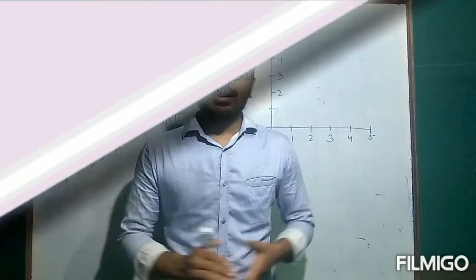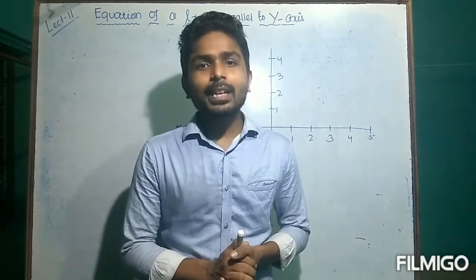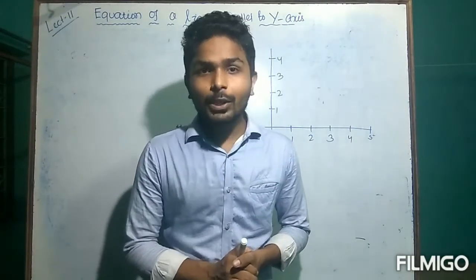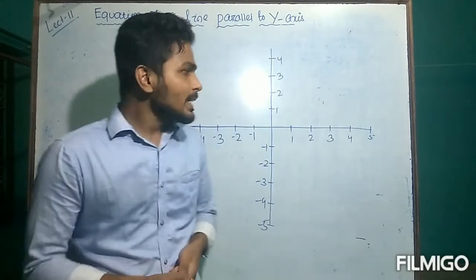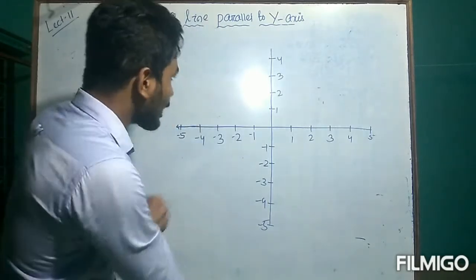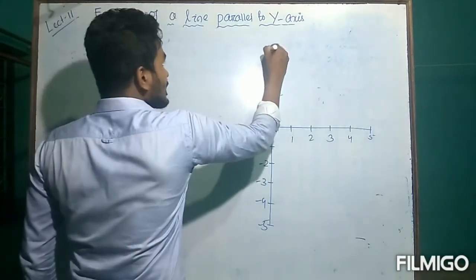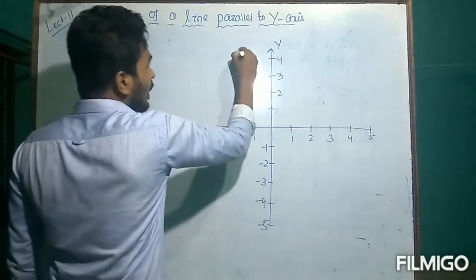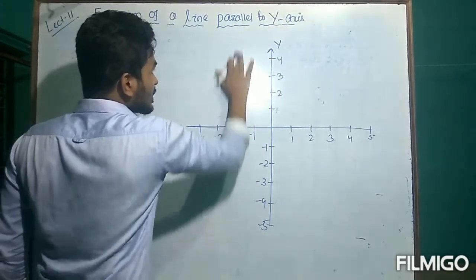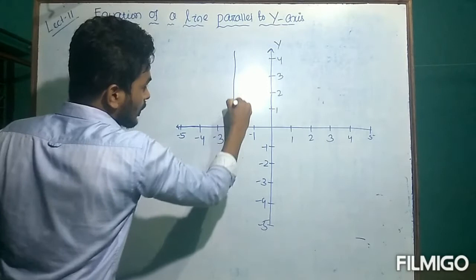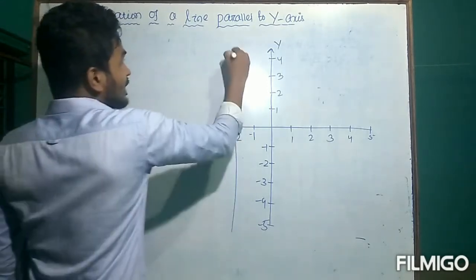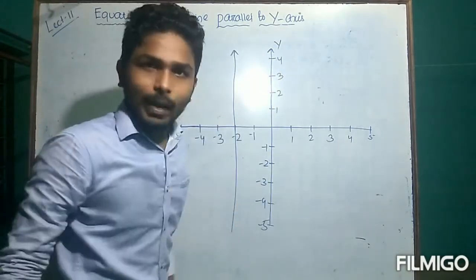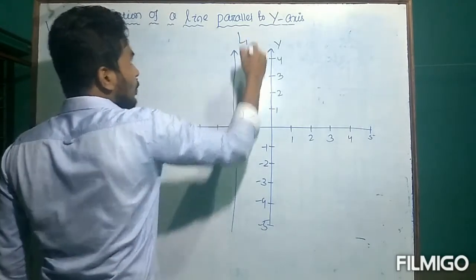Understood? And finally we are going to find the equation of a line which is parallel to the y-axis. So let's draw some lines parallel to the y-axis. Since this is the y-axis, we have to draw a line. Suppose this is the line, and this line is parallel to the y-axis. Suppose the name of the line is L1.